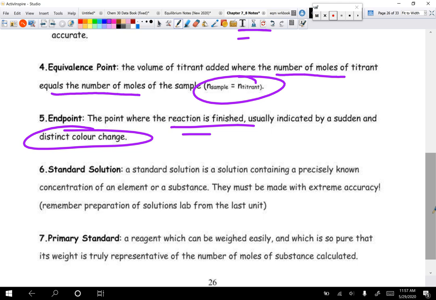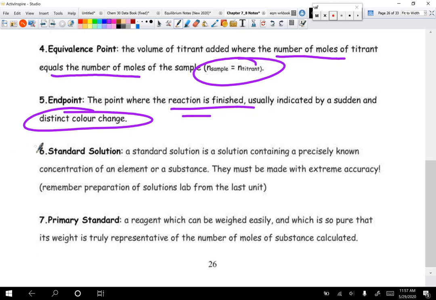Now just two other things as well that showed up in our solution chemistry section, a standard solution and a primary standard. So a standard solution is a solution containing a precisely known concentration, right? So we did the video on how to make a standard solution where you accurately weigh out stuff and dissolve it and everything like that.